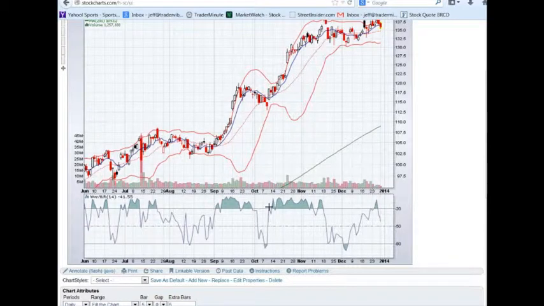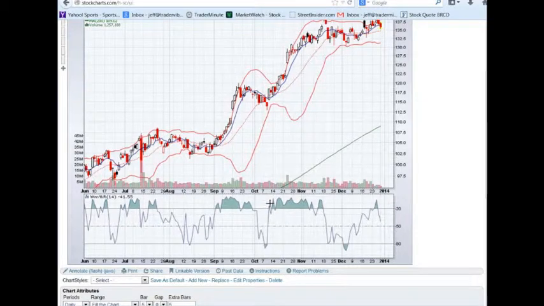Somebody might say, hey, that just hit an overbought position. You shouldn't be buying in an overbought, but it was very accurate. You had a strong performing stock with good fundamentals.